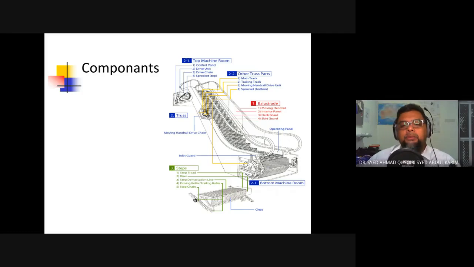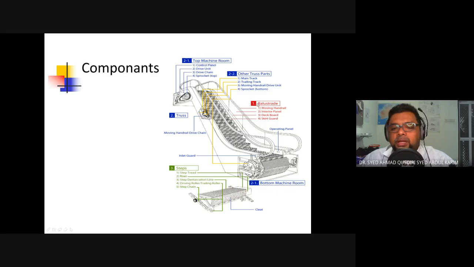Next, we have other truss parts like the tracks, main tracks and the trailing tracks. We'll go into that in a bit. And then the moving handrail unit. This is where we locate the handrail and the bottom sprocket.